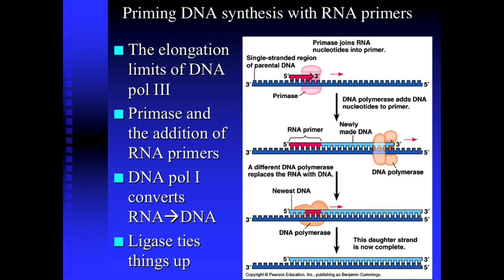DNA polymerase 3 can begin synthesis using that primer as a starter, and can carry out synthesis of each of the two sides, again in fragments on the lagging side, in one continuous piece on the leading side. And then DNA polymerase 1 comes in and removes the primer and replaces it with DNA, and then the pieces are sewn together, connected with the help of what's called a ligase enzyme.